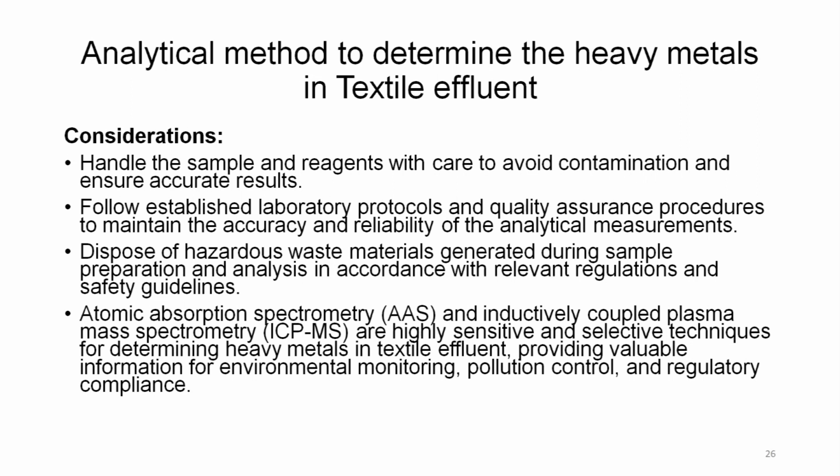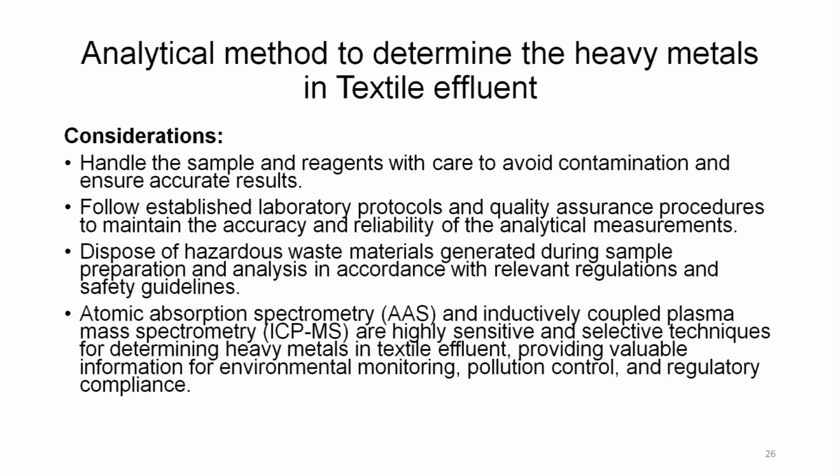Atomic absorption spectrometry, that is AAS, and inductively coupled plasma mass spectrometry, ICP-MS, are highly sensitive and selective techniques for determining heavy metals in textile effluent, providing valuable information for environmental monitoring, pollution control and regulatory compliance.